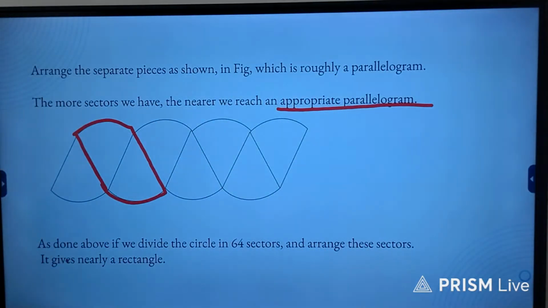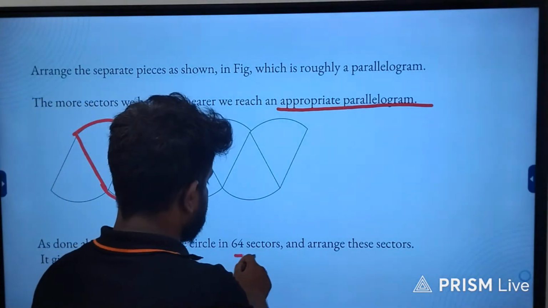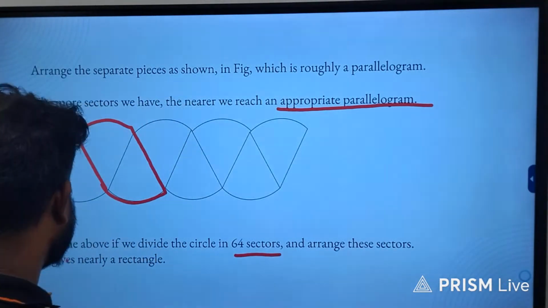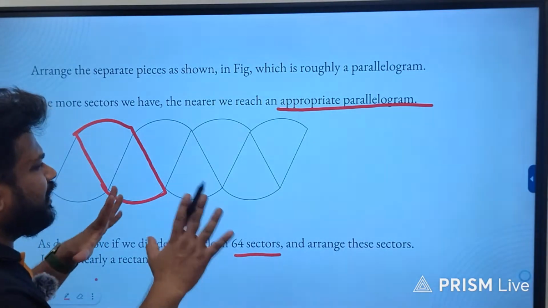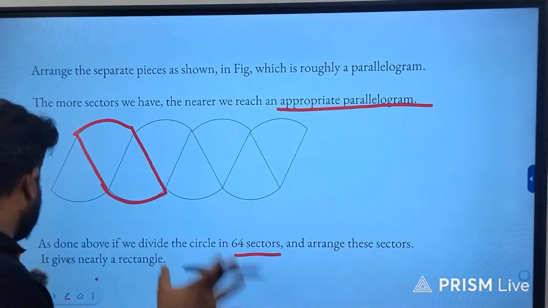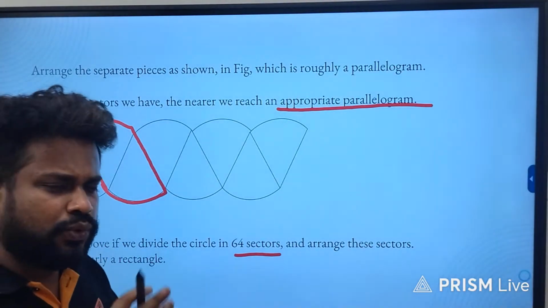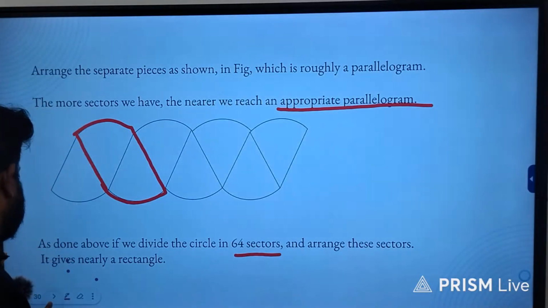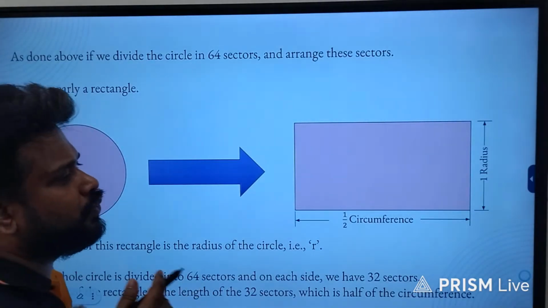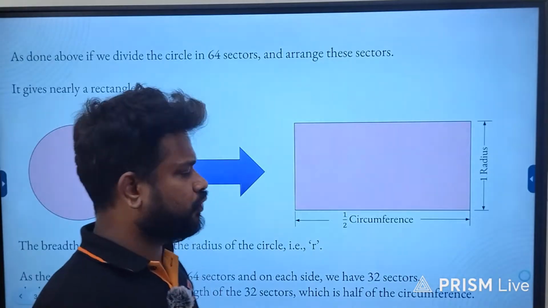As done above, if we divide the circle into 64 sectors and arrange these sectors, it gives nearly a rectangle. Maybe these are some troubled examples, you don't need to go deeper into it. We will discuss this later and we will mostly follow the normal approach.